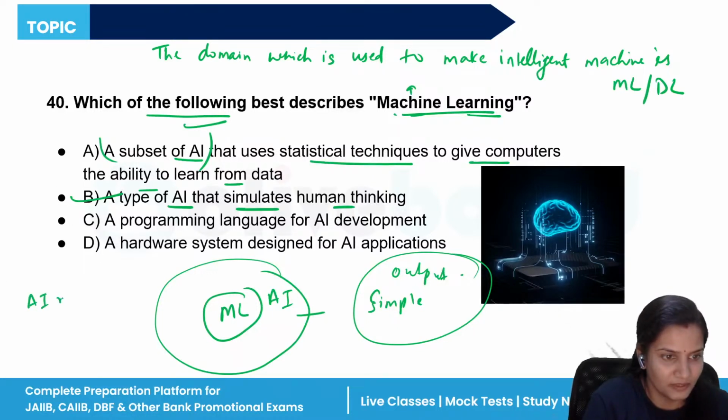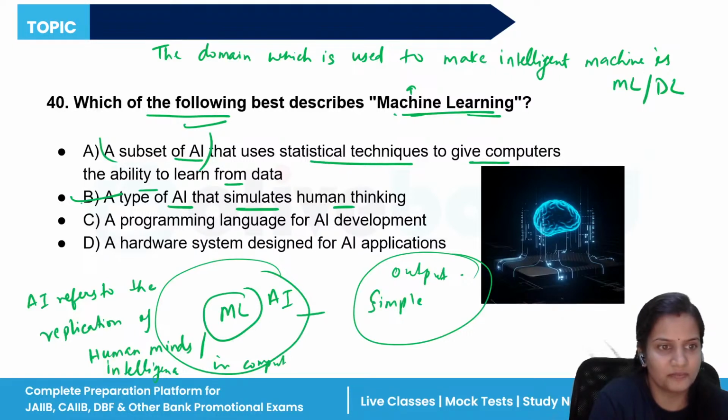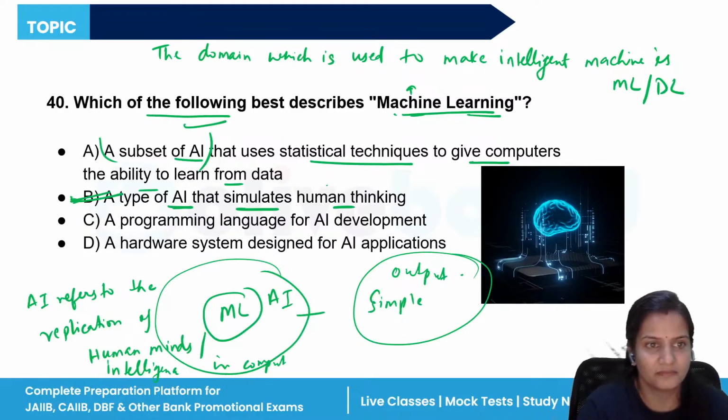AI refers to the replication of human minds or human intelligence in the computer. This is what AI is. Can't we say that option B is the answer? A type of AI that stimulates human thinking. This is more appropriate.